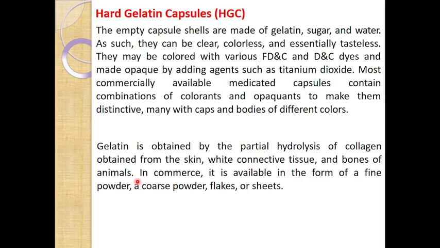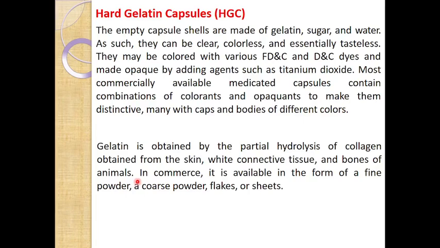A proper video we will have on how the gelatin is obtained from the animal, the process, and thereby how the gelatin sheet is made from the gelatin. Generally, gelatin is obtained by partial hydrolysis, by acidification and by basification.